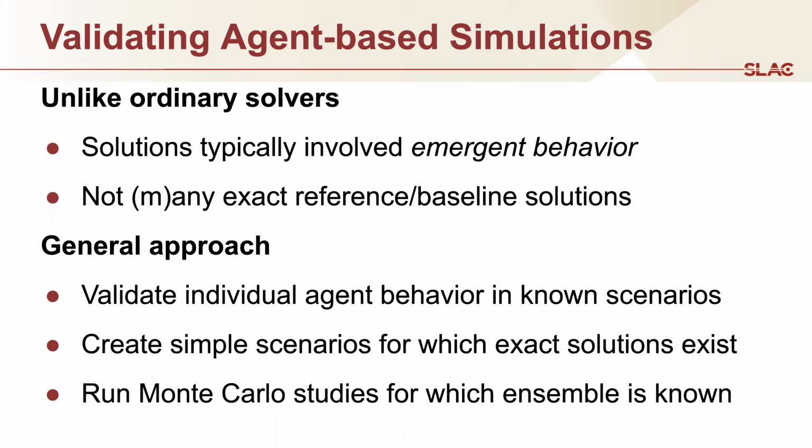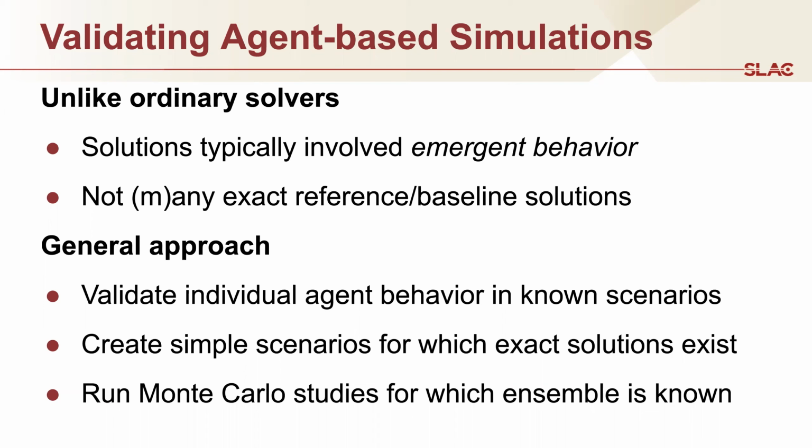Another way of dealing with it is to create Monte Carlo studies where you generate a lot of different runs with the same scenario, knowing that the random number generators should produce results where the output fits in an ensemble which has the statistical characteristics which you expect.